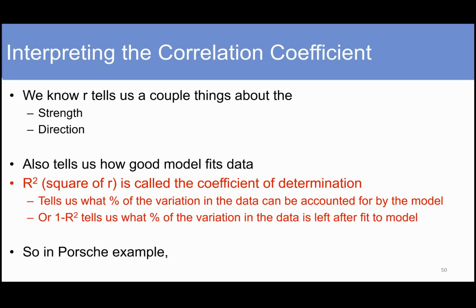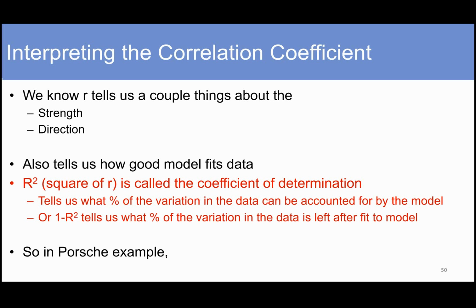In the Porsche example, the correlation coefficient R was roughly minus 0.89. When you square that, R squared is roughly 0.81.